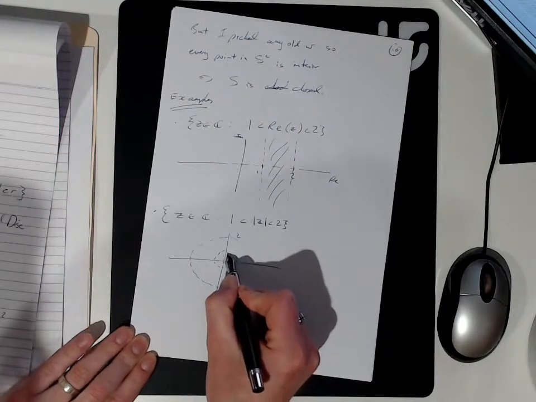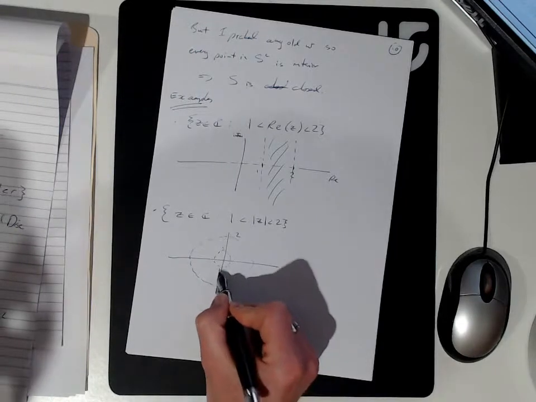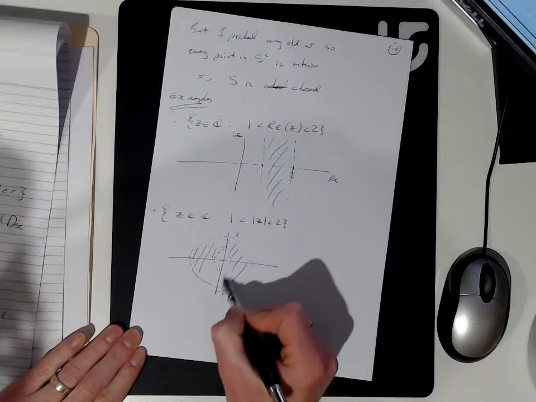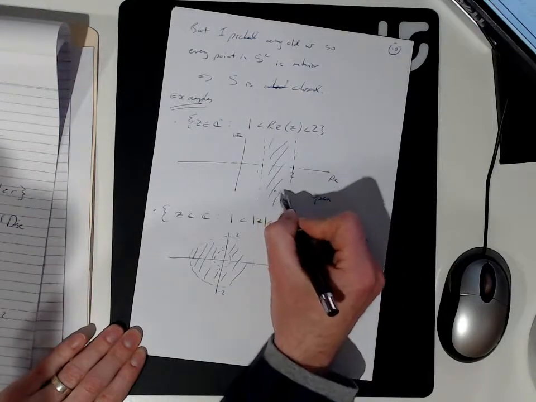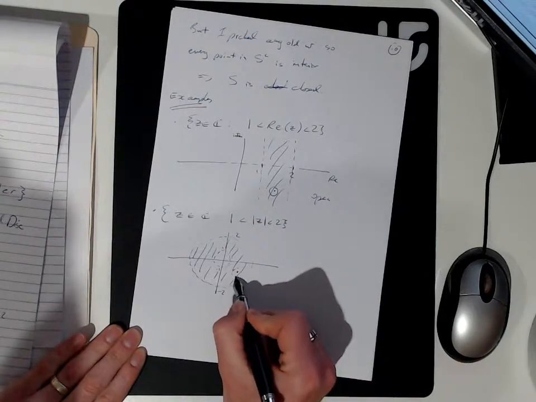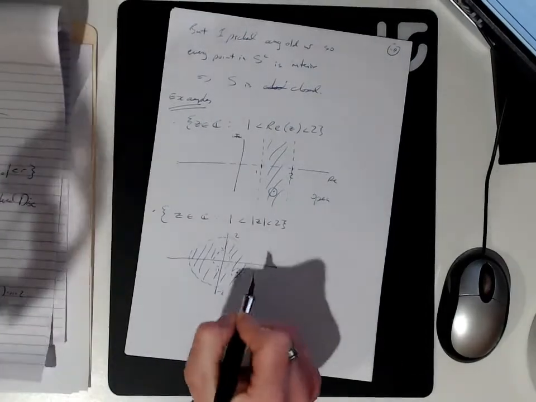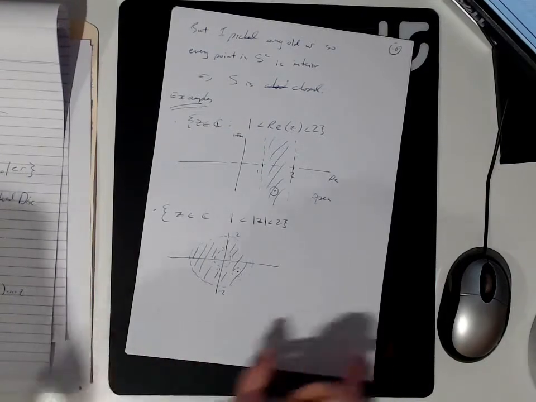And again, I'm putting dotted lines because they're strict inequalities. 1, minus 1, and it's everything in here. This is open. Any point in here, you can choose an appropriate neighborhood. Take the relevant distances and make sure you are less than that when you draw your neighborhood, and you'll be fine.